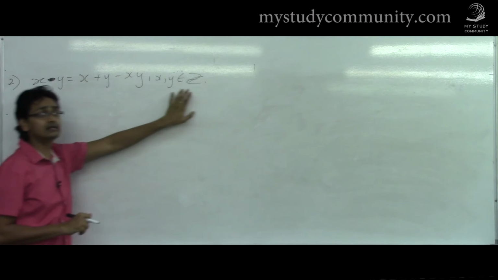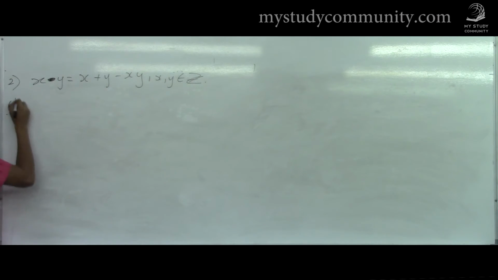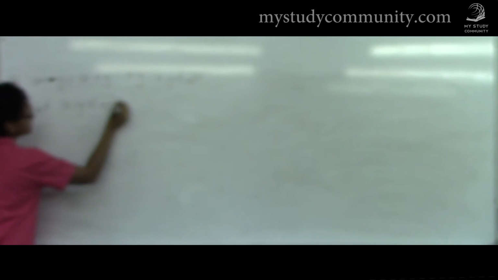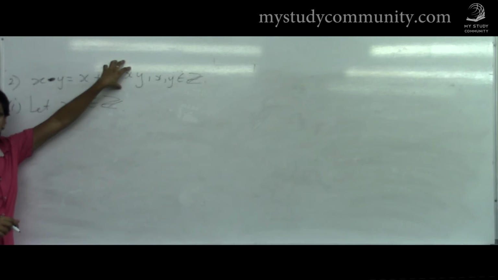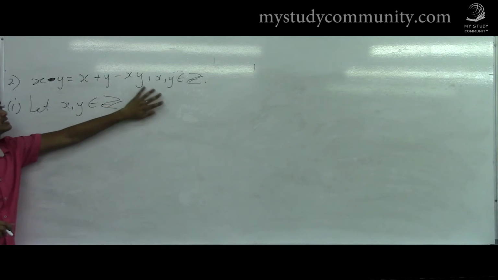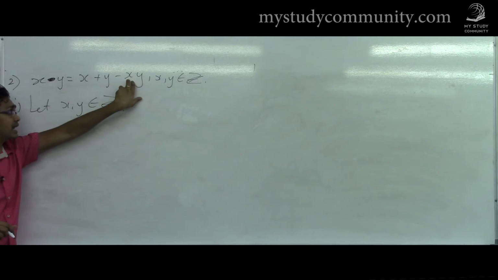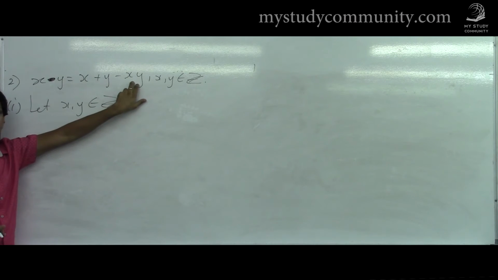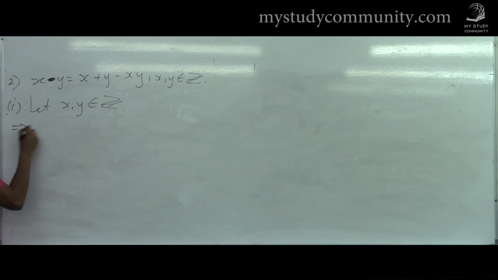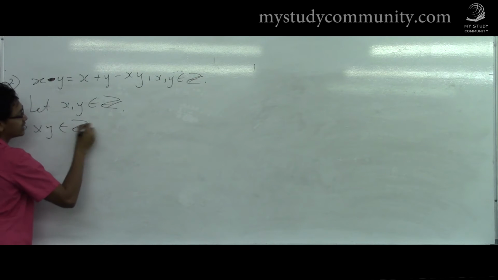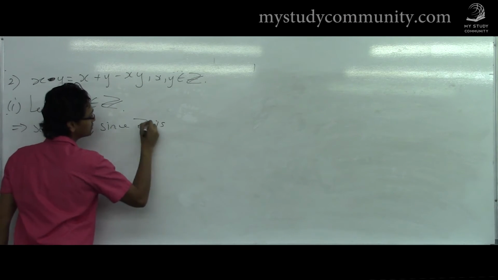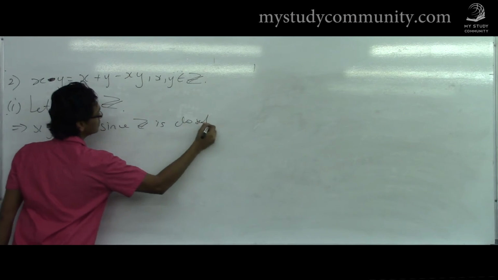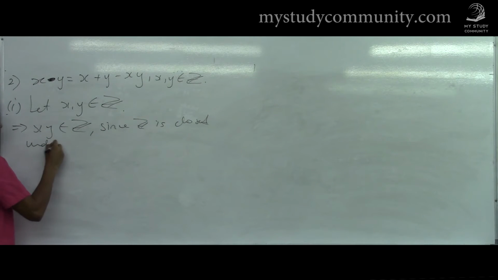So for part 1 closure, we take 2 elements. So we take an X and a Y in our set Z, and we want to show that this is in Z. Now, we know that Z is closed under multiplication, so XY will be in Z, and you justify this since Z is closed under multiplication.